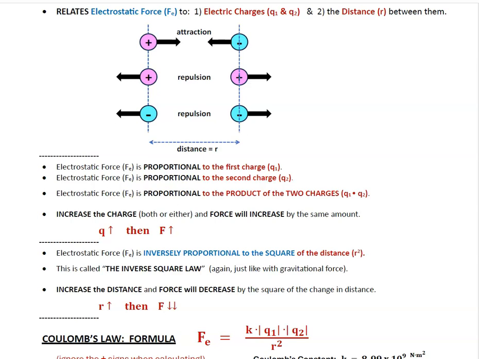And contrariwise, if you decrease the distance, the force will go up a lot. One example would be if you increase the distance 3-fold. In other words, you move the charges 3 times further apart. Well, if you increase the distance 3-fold, you will decrease the force 3-squared-fold. In other words, you will decrease the force 9-fold.